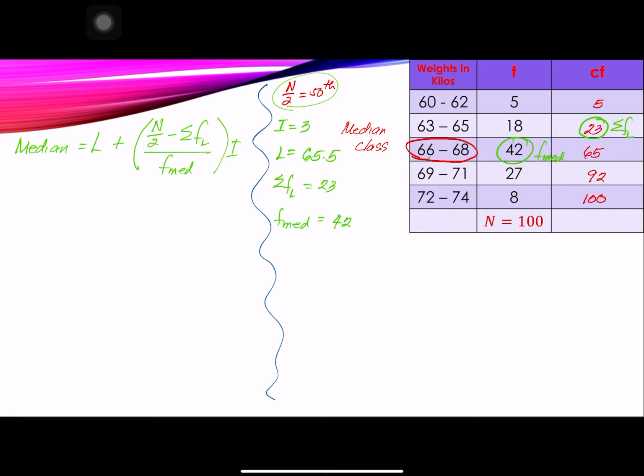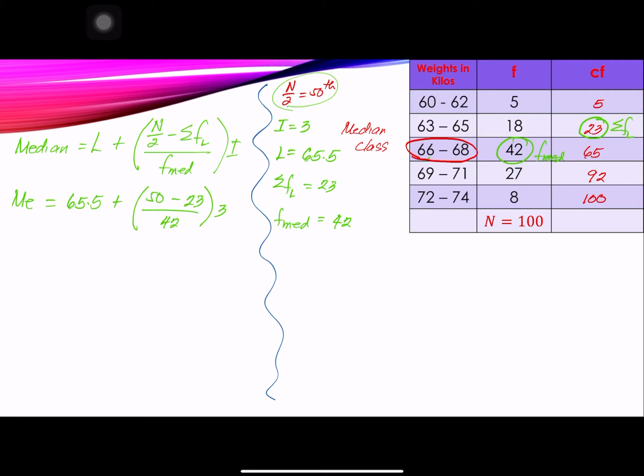So you will have median, or I'll just use ME, is equal to the lower limit 65.5 plus n over 2, which is 50, minus 23, all over 42 times 3.